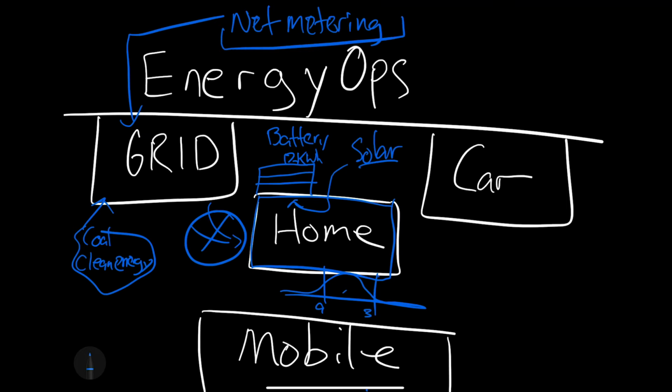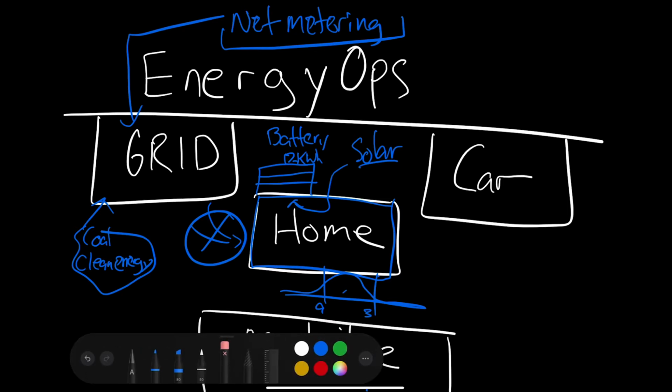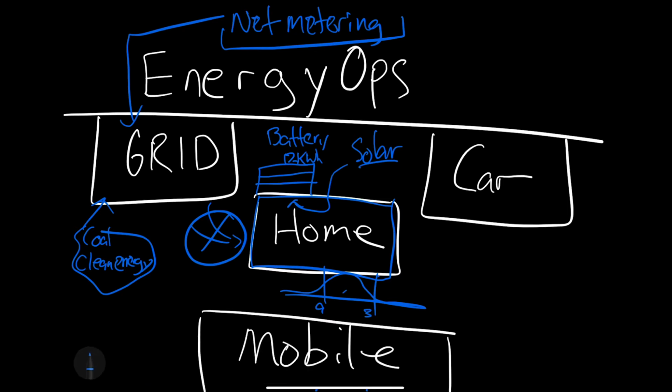Now, one other thing you can do is something called time of use. What's great about this plan is that you can optimize for the same scenario. Let's say in this 9 to 3 range, most people are turning on their AC, doing laundry or some other action in their home, or working from home.